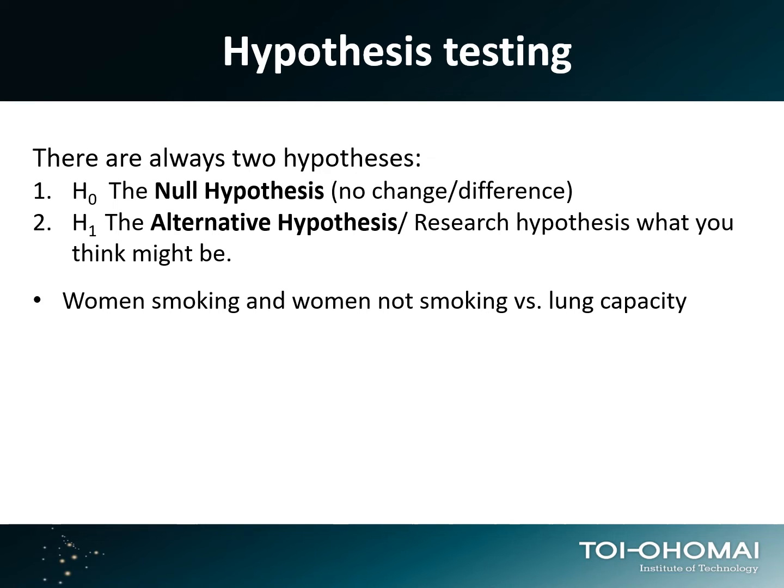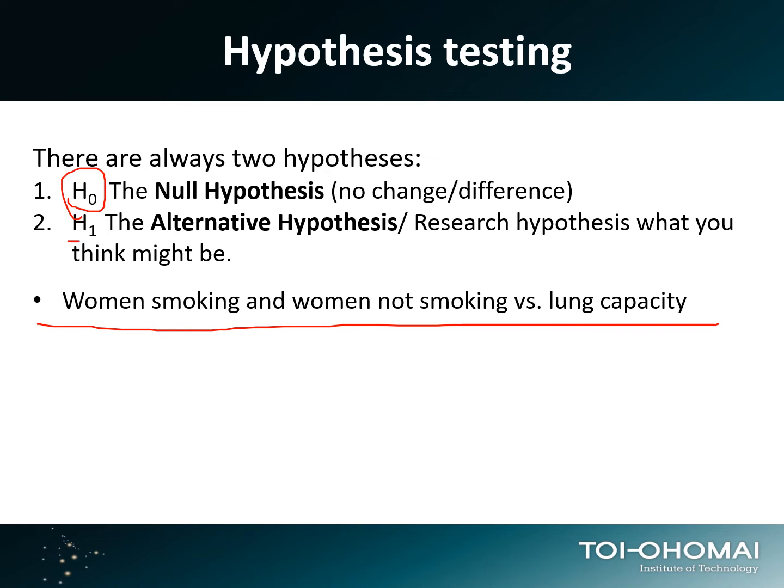The null hypothesis, or H sub 0, let's highlight that, H0, the null hypothesis is that there's no change. So if we think about women smoking and women not smoking, the null hypothesis would be that there will be no difference in the mean lung capacity of women who smoke versus women who don't smoke.